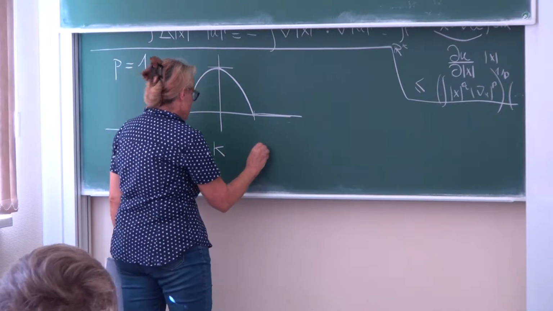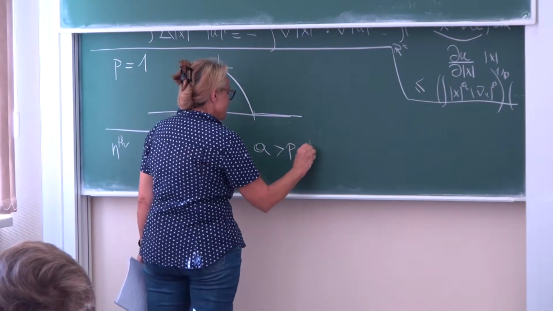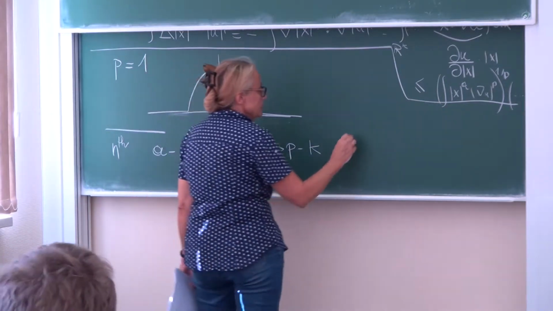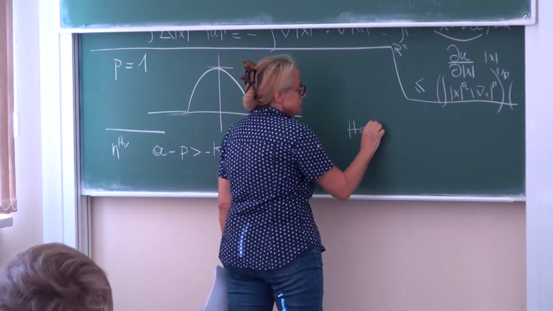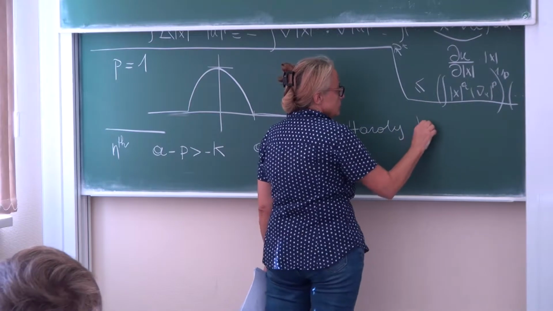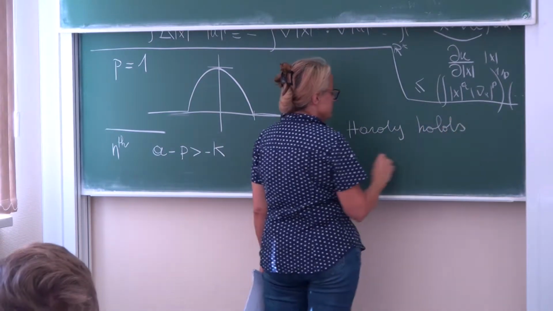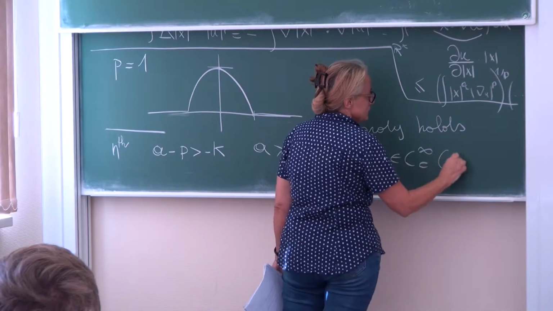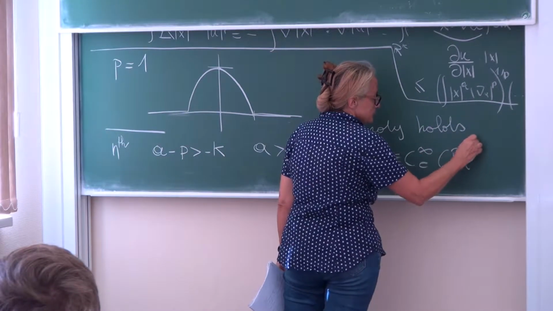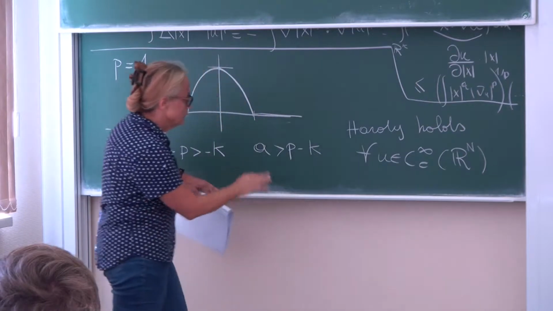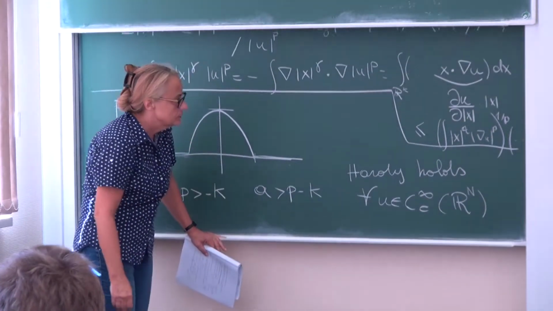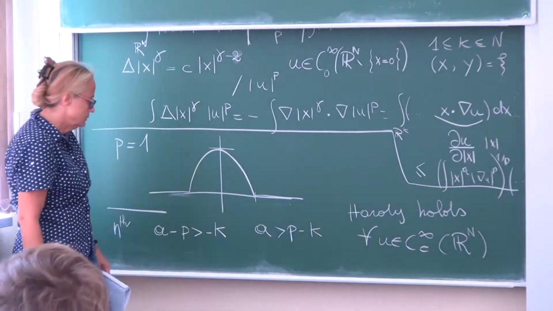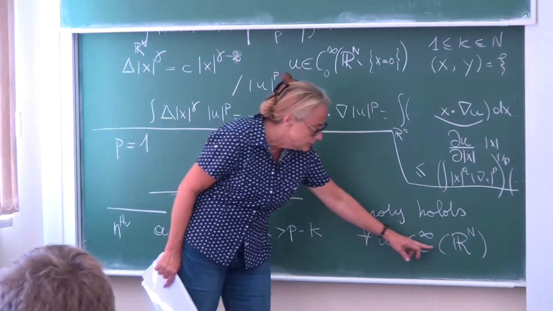So if a is bigger than p minus k, then the Hardy inequality holds with the same base constant for any u in C infinity with compact support in Rn. This is also for cylindrical stuffs. Just take a function here.